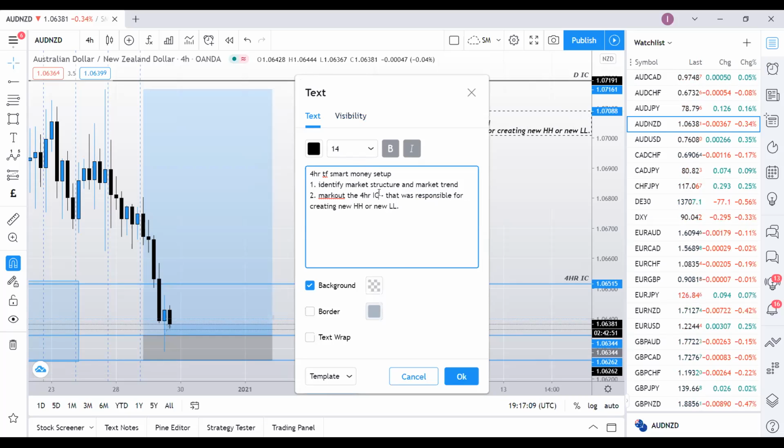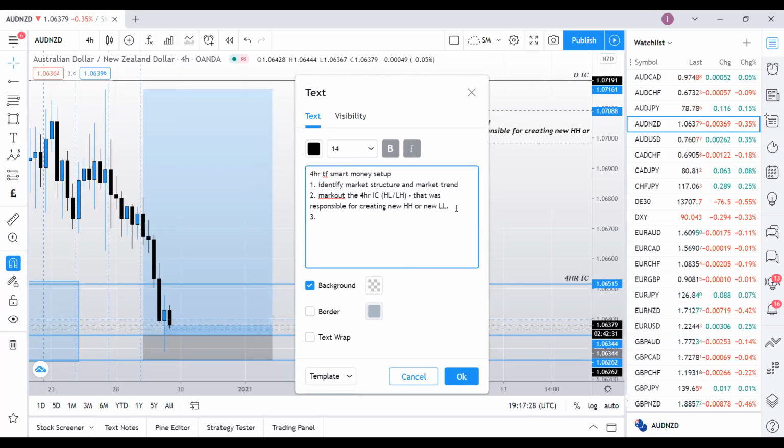And let me put in brackets, the IC candle therefore would be a higher low or a lower high. Is that clear? Yep. Okay.